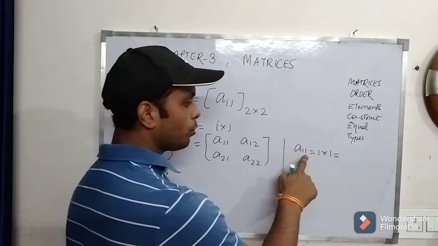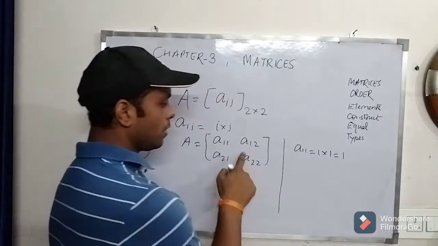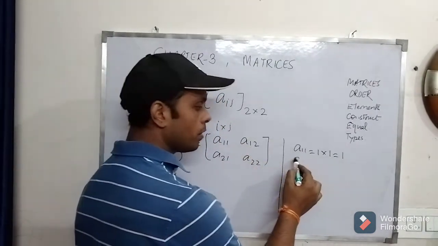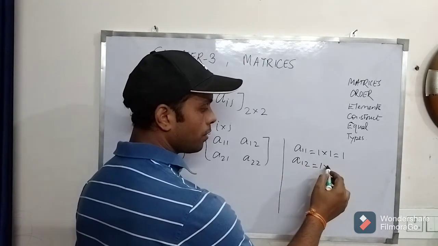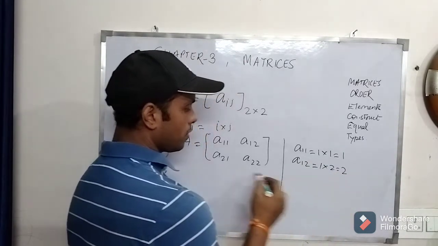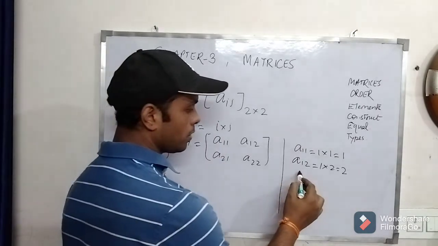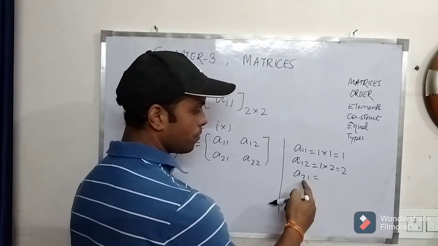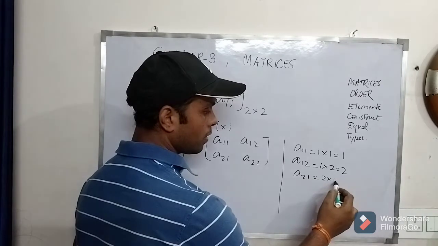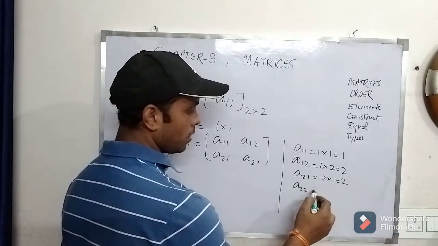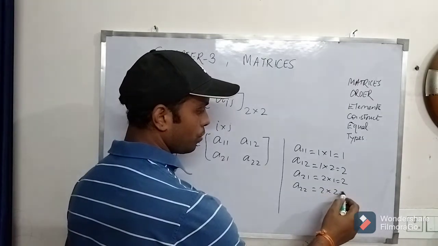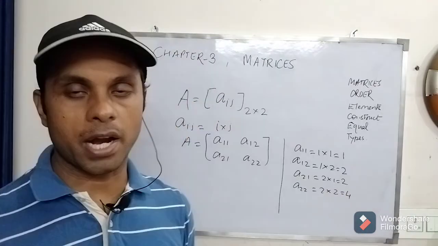So 1 into 1 is 1. Now you can find A12. So what to do? Product of 1 and 2. Now how to find A21? Just 2 into 1. How to find A22? Just do 2 into 2. So we obtained all the 4 elements.